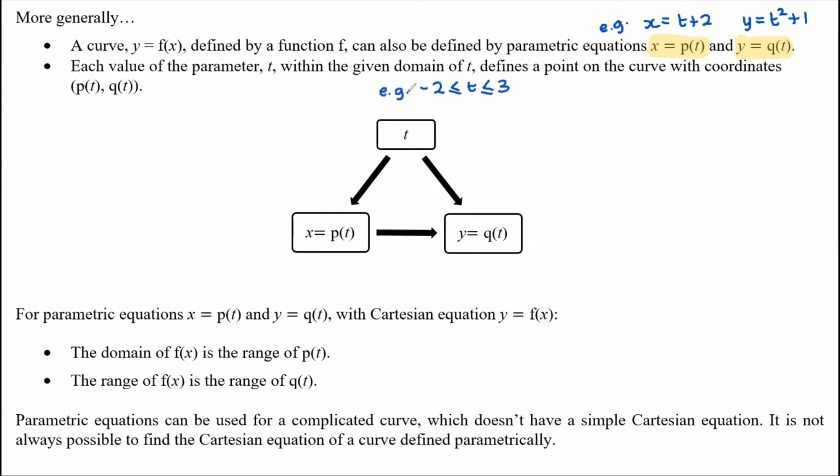It could be all real numbers. It could be positive real values, whatever. But there is a given domain of t. This defines a point on the curve with coordinates p(t) and q(t). So that means that the xy plane can be determined using your t parameters, and you can see it more clearly in this triangular diagram, this flow chart, essentially.